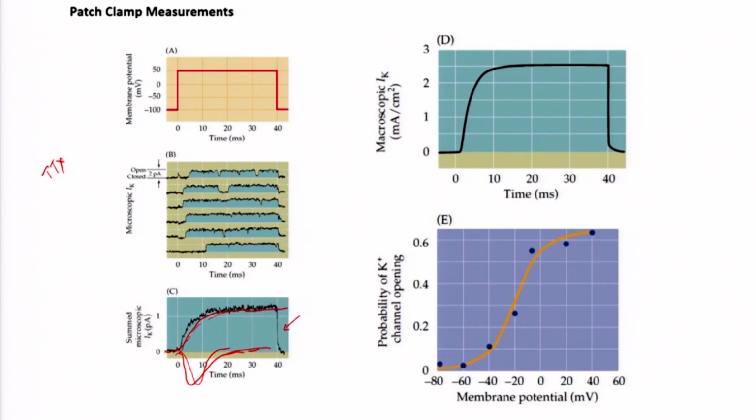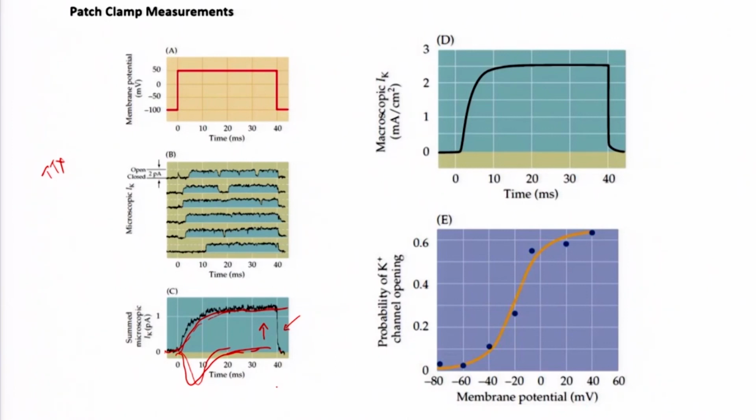This on the other hand stays high until the clamp is brought back down to V rest. The other difference, as drawn here, is that the potassium current is positive, which means the current is going out of the neuron.